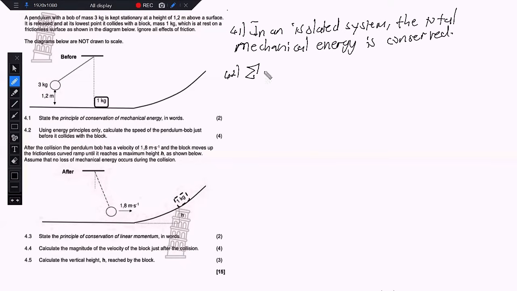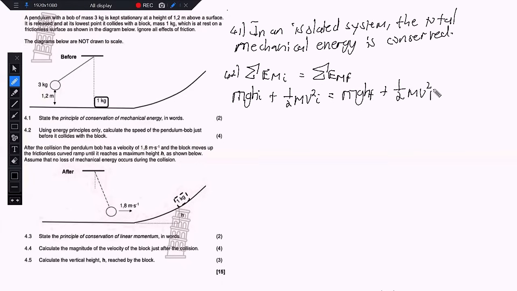We will have sum of mechanical energy initially, which is before, is equal to sum of mechanical energy after, which is finally, right? So we want to have mgh initially plus half mv squared initially is equals to mgh finally plus half mv squared finally.